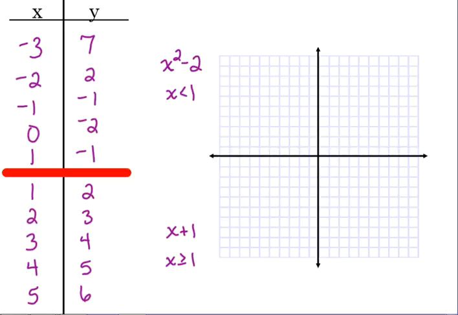I determine that by which one of these has the equal to. The first one does not have the equal to, so this one's going to get an open circle. I write that beside my table to tell myself: open circle there at 1, -1. The second piece is the part that has the equal to, so 1, 2 is going to be a point.